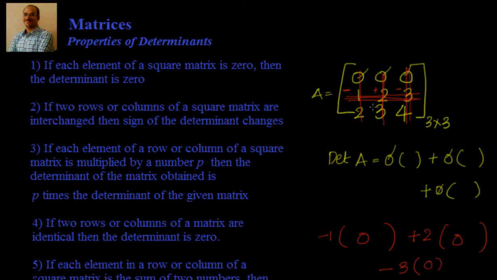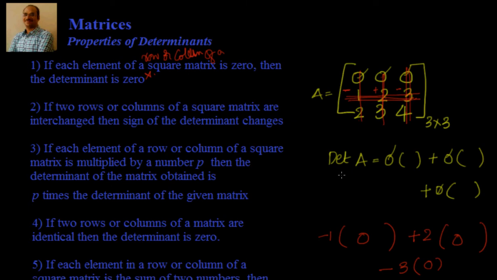So if each element of a row or a column of a square matrix is 0, then its determinant is equal to 0.